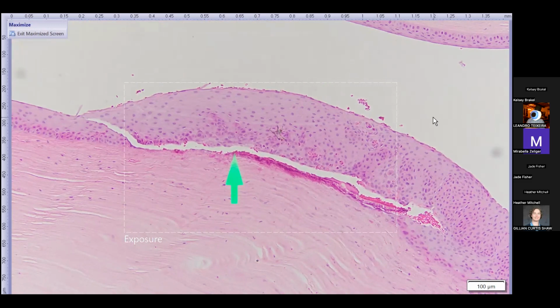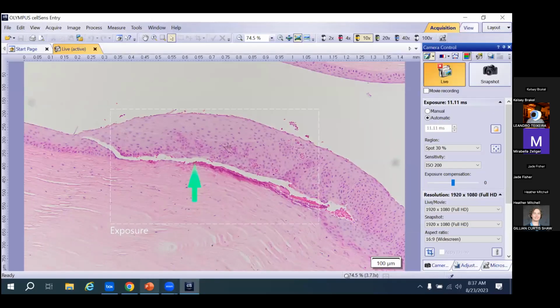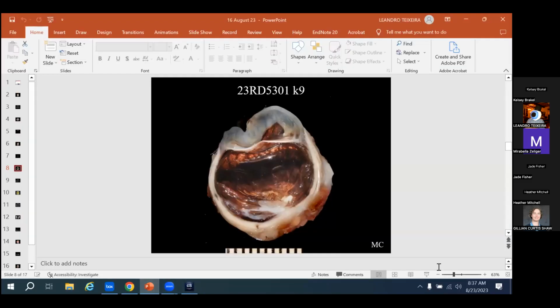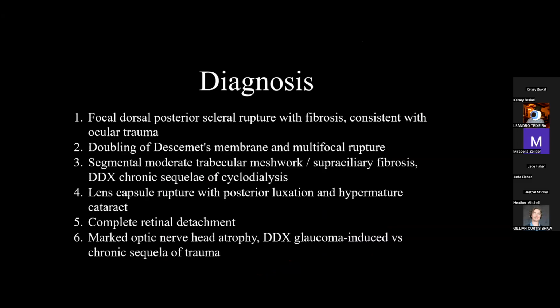So that's this case. Some interesting corneal complications that eventually led to the enucleation of this globe that had a very, very old trauma several years ago. All right. And a long list of diagnoses, most of which were related to the trauma.